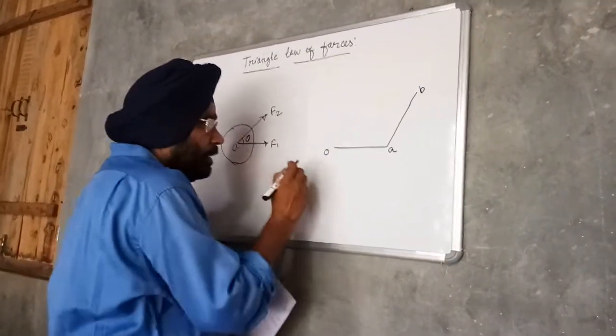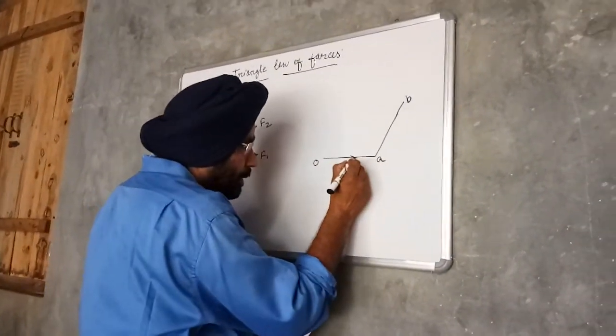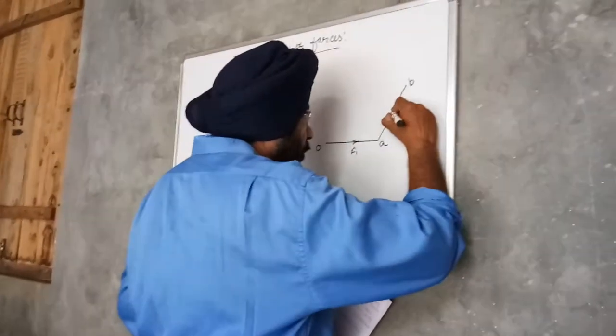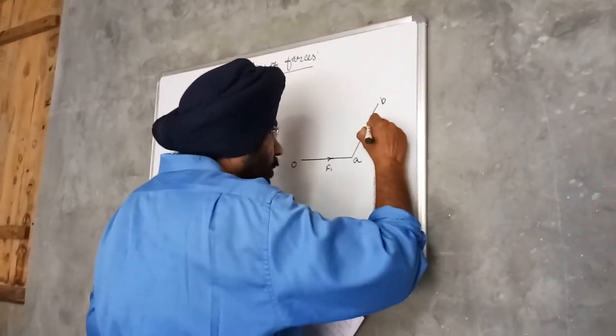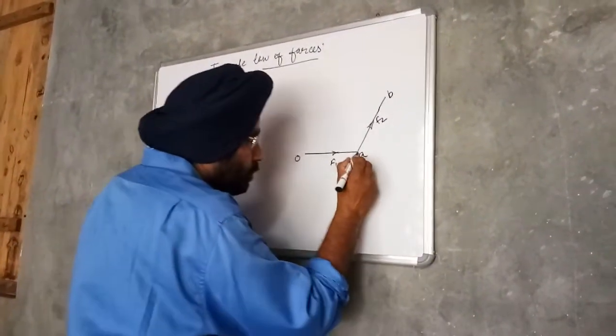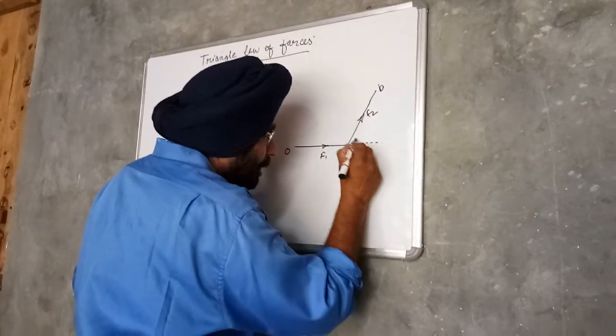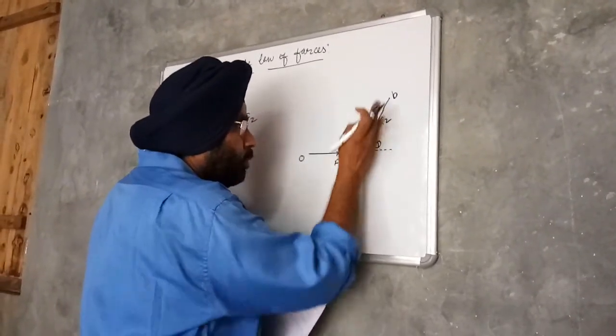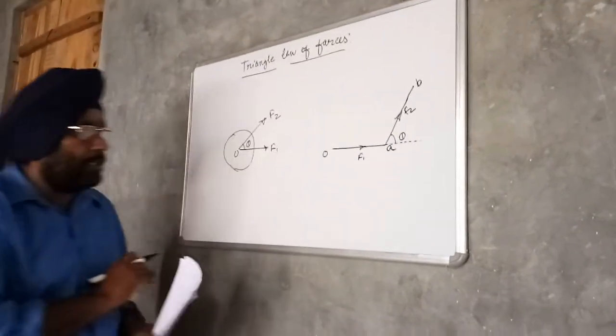The angle between the two forces F1 and F2 is theta.